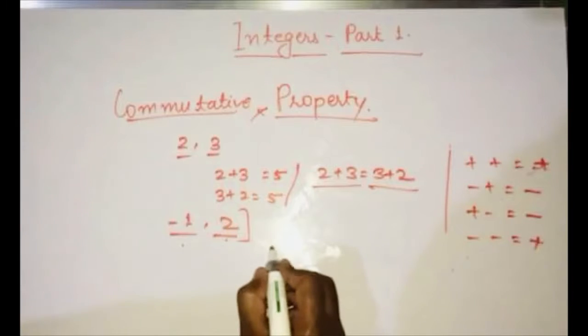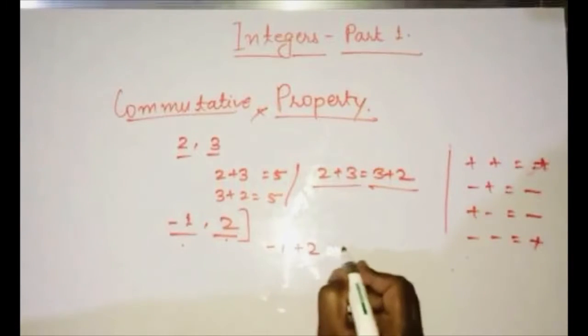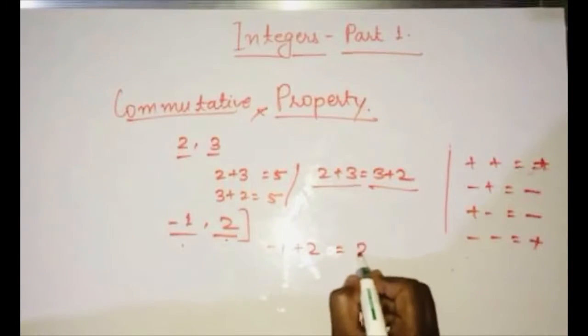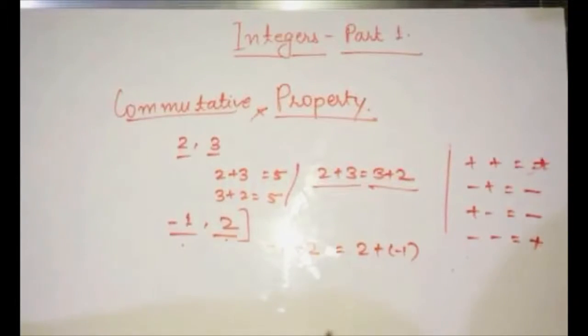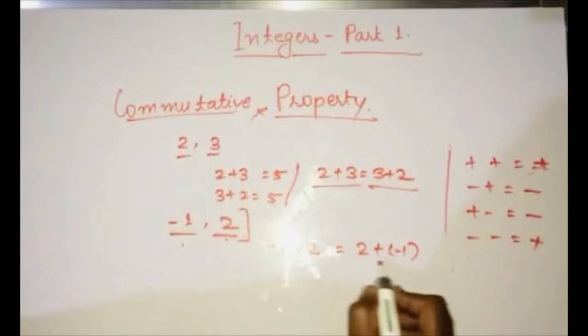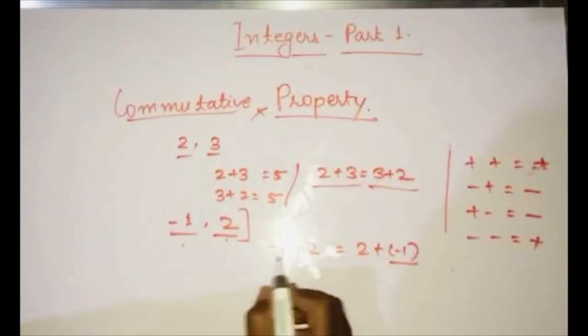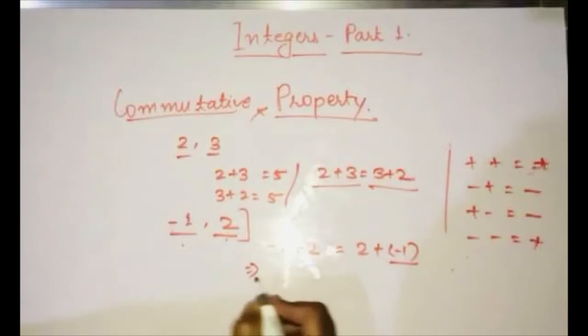Let's check it out. So -1 plus 2 equals 2 plus -1. This is what it says, right? Because -1 is a negative integer, I am adding them both and writing it like this.